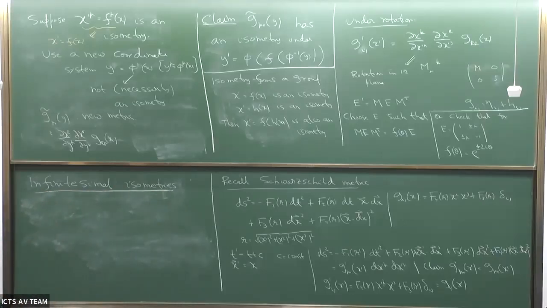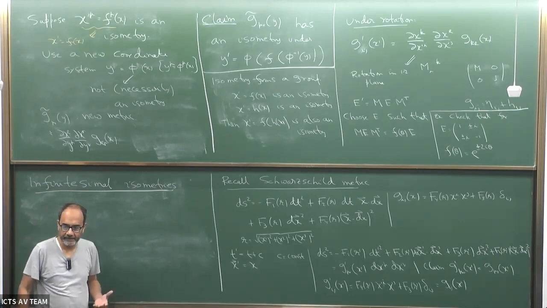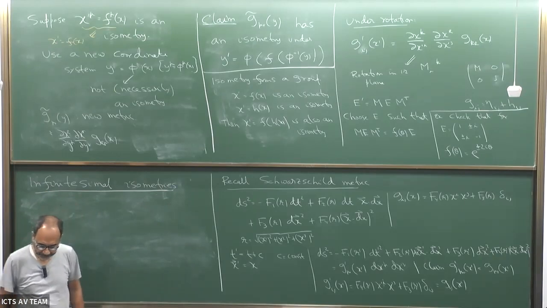As the name suggests, these are isometries that correspond to infinitesimal transformations, transformations that are close to identity.